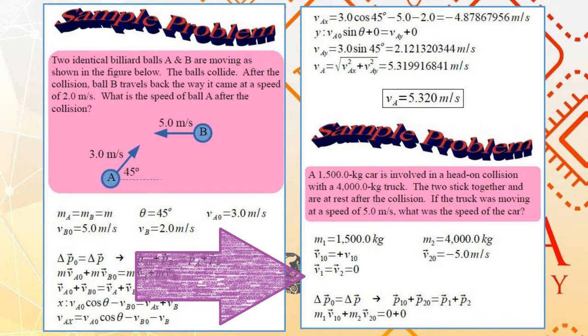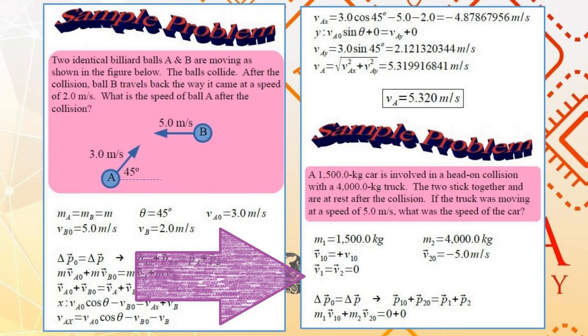So we have two objects, the car and the truck. Let the car be object 1, so M1 is equal to 1,500 kilograms. Our second object is the truck, so M2 is 4,000 kilograms. The truck has a speed of 5 meters per second.